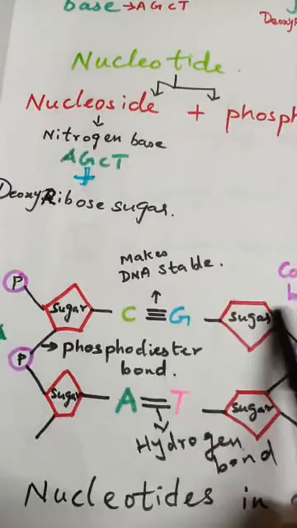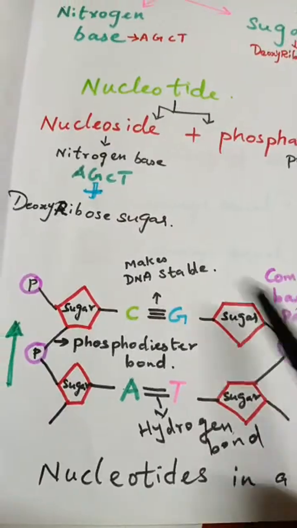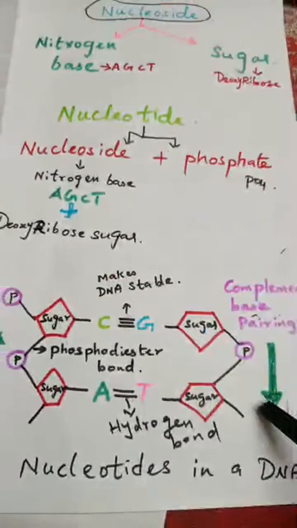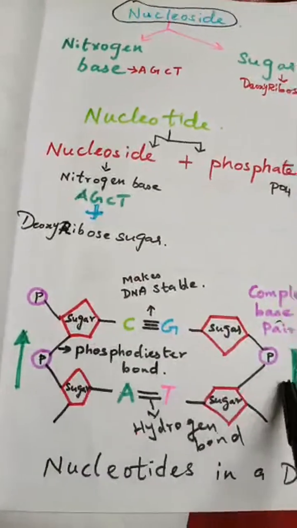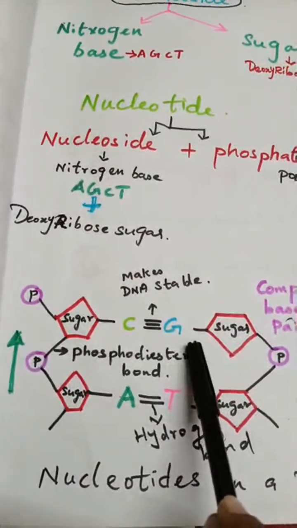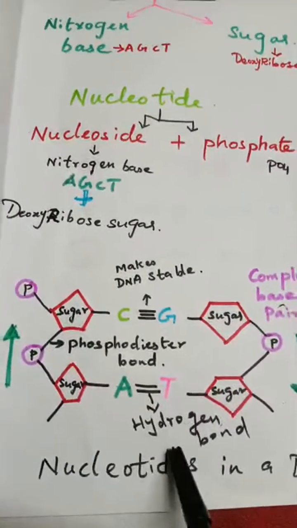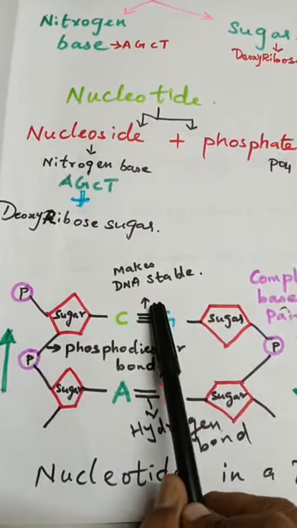The DNA molecule is a polynucleotide, and it has two strands. Each strand runs in the opposite direction, and in the center of the DNA you have nitrogenous bases. These nitrogenous bases are bonded with hydrogen bonds. This hydrogen bonding makes the DNA more stable.